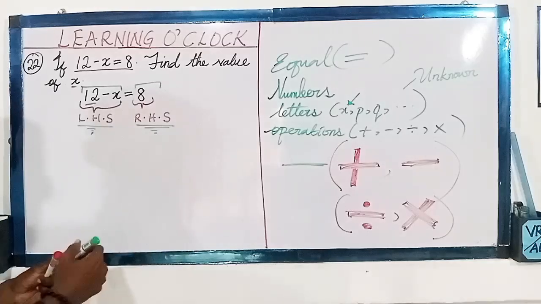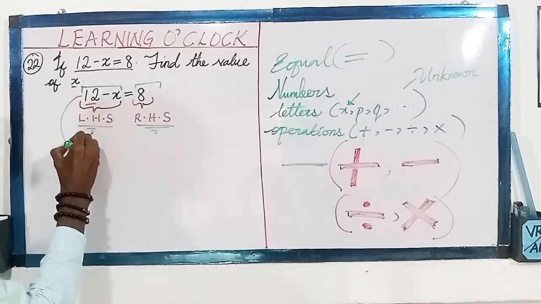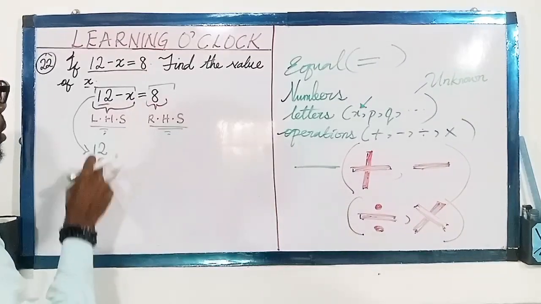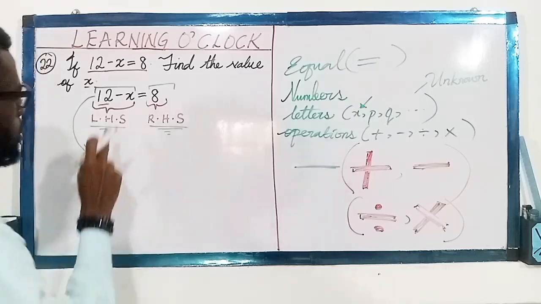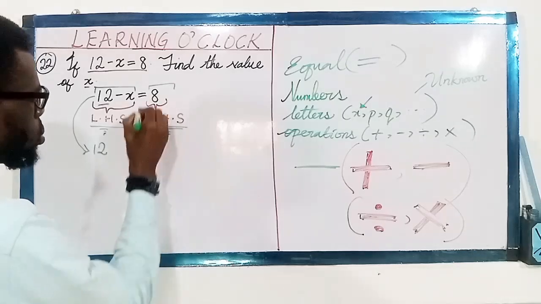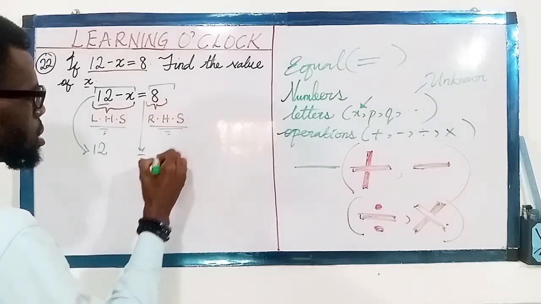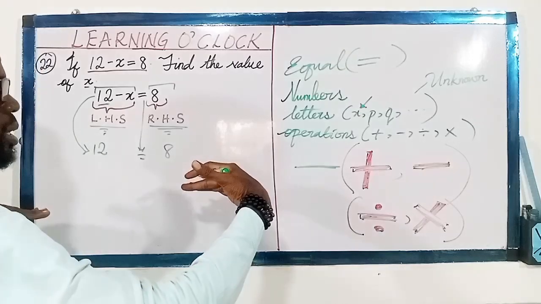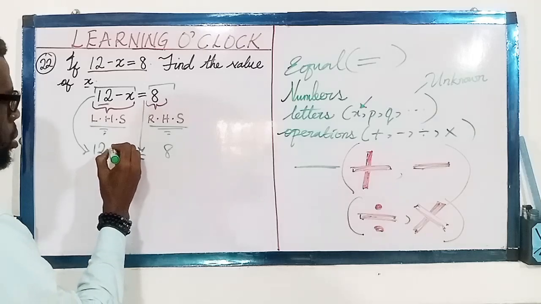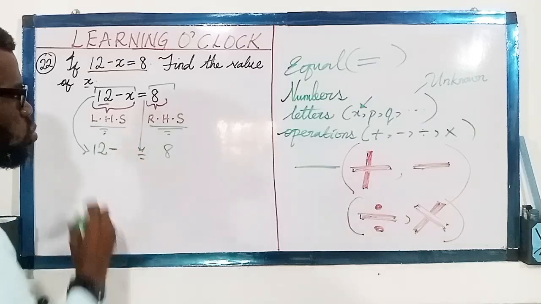So let's bring this out: 12. Bringing 12 down, we want to compare this side to this side. There has to be a balance, right? That's an equation. So this is 12 minus what?